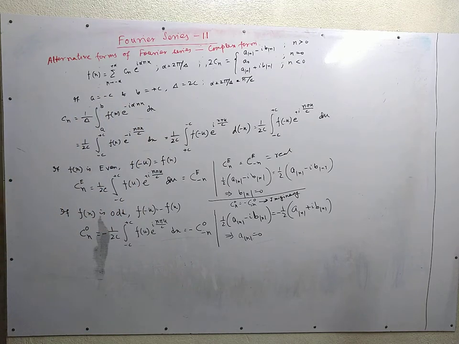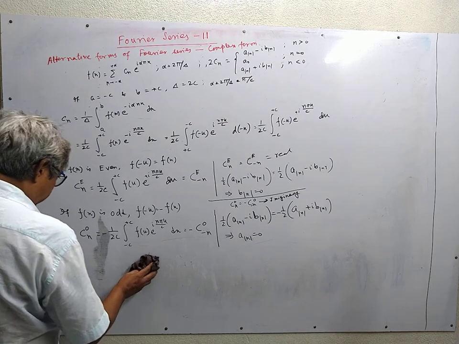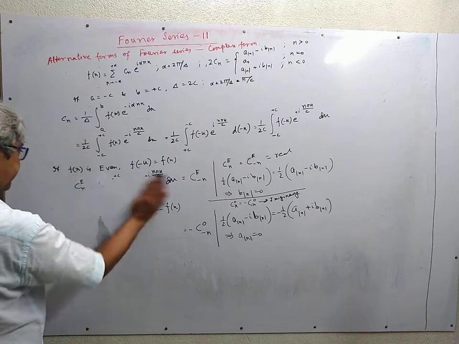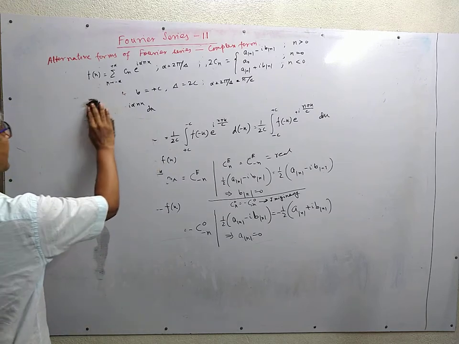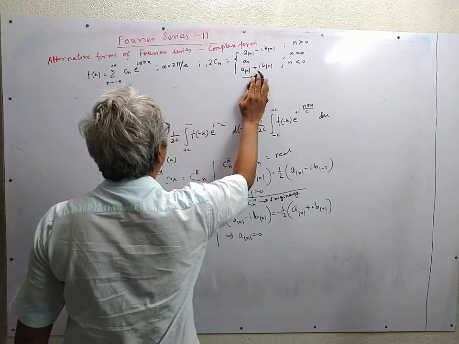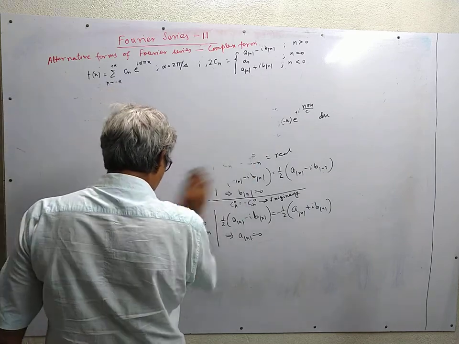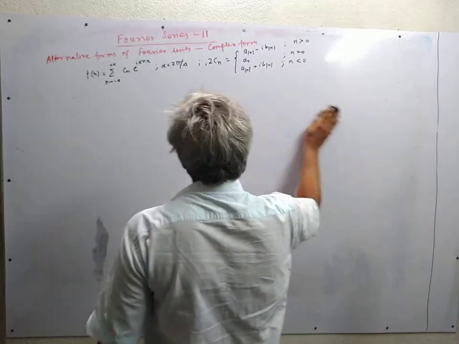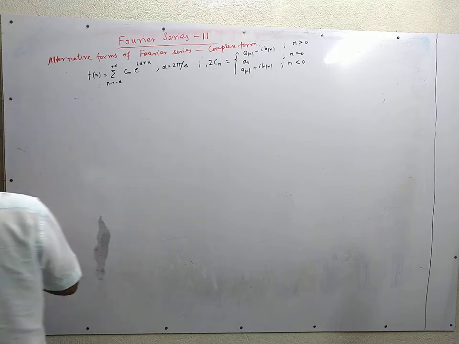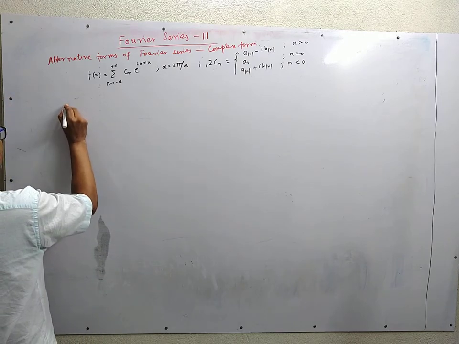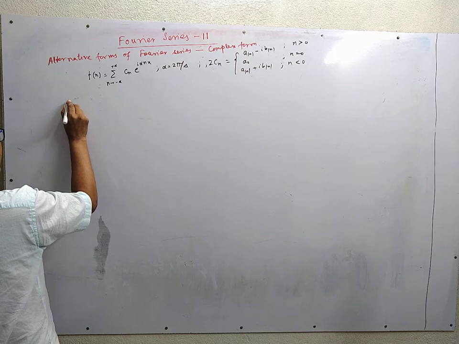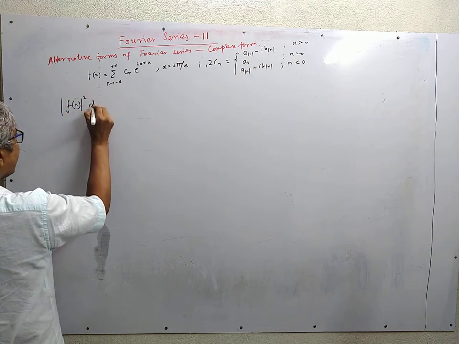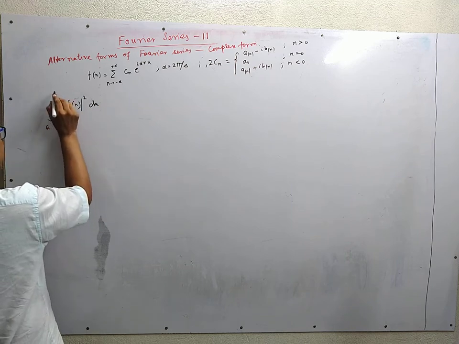The last point that I am going to address is what would be the Parseval's formula for complex Fourier series. Earlier we have found the Parseval's theorem for a trigonometric Fourier series, and here how would be its corresponding form. Now we are to integrate f modulus square dx between limits a to b.